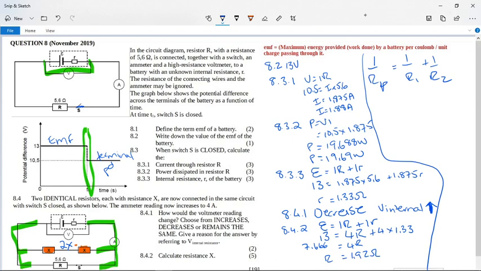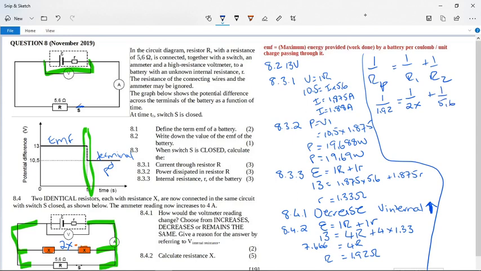So if I have a look here, what is my one resistor in my parallel circuit? It's 2x. Okay, so 1 over 1,92. Remember, I've just calculated the whole external resistance in the previous calculation. 1 over 1,92 equals 1 over 2x, because those are the two x's in series, plus 1 over 5,6.